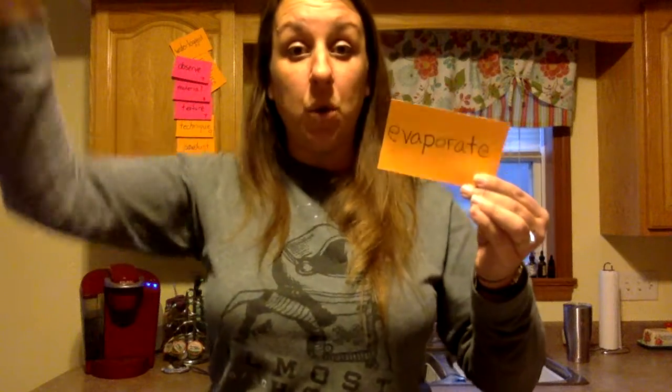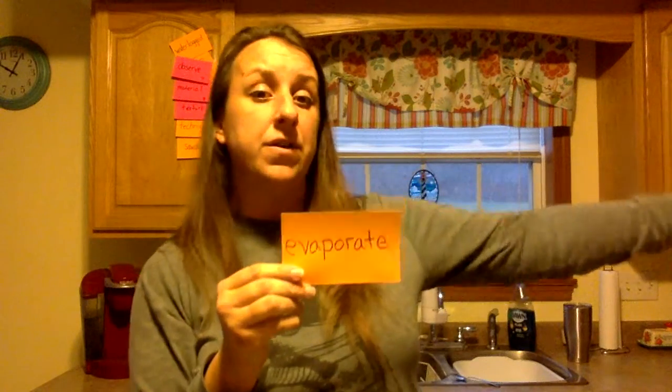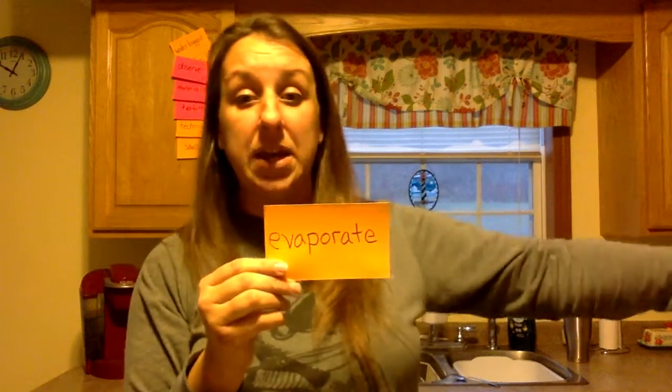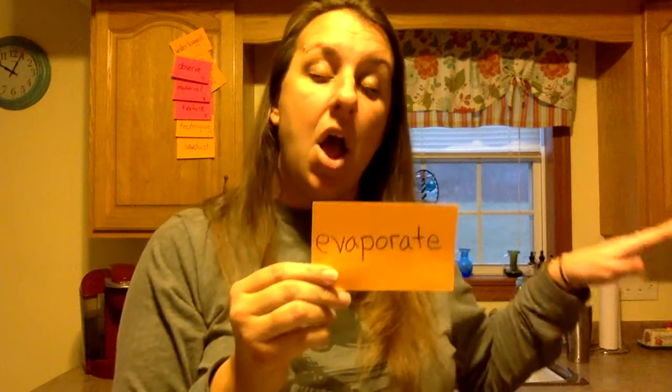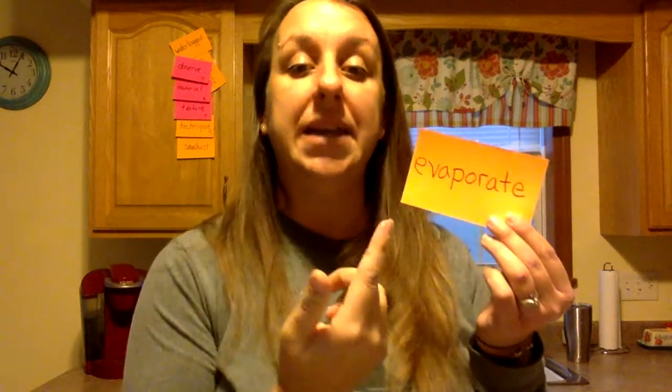Those clouds were once water that was in your swimming pool. Those clouds were once part of the rivers and the ponds and the streams that we have here on Earth. And every time we have warm, sunny days, our beautiful sun warms up all that water, and then slowly but surely that water turns into a gas. It evaporates and it goes up and turns into a cloud.